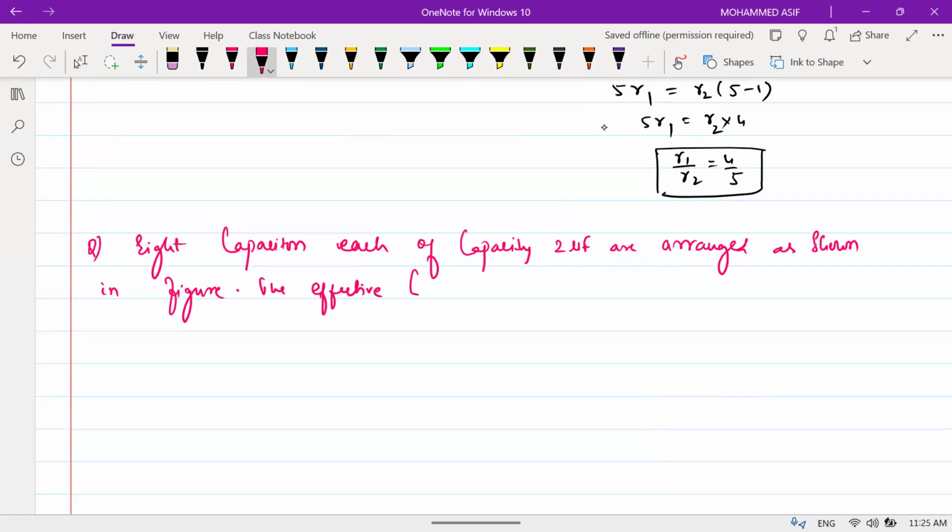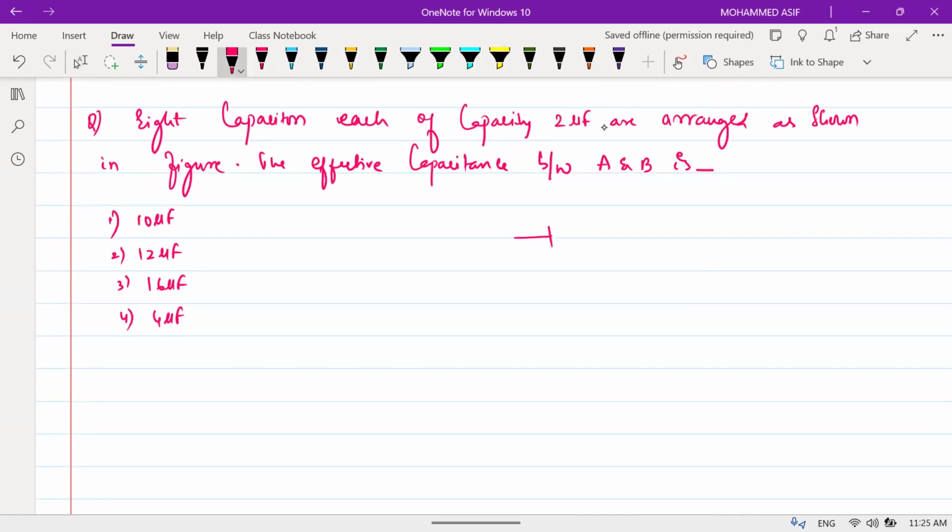The effective capacitance between A and B is how much? The options are: first one is 10 microfarad, second 12 microfarad, third 16 microfarad, and fourth one is 4 microfarad.